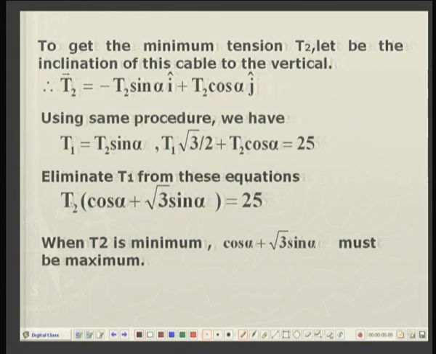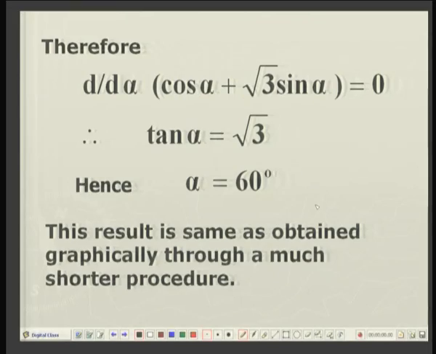Now, to find the minimum value of T2, naturally the denominator term should be maximum, because it has to divide 25. When the denominator is maximum, T2 will be minimum. So, the problem reduces to maximizing the expression cosine alpha plus root 3 sine alpha, and this can be done by simple calculus, that is, the derivative of this expression should be equal to 0.